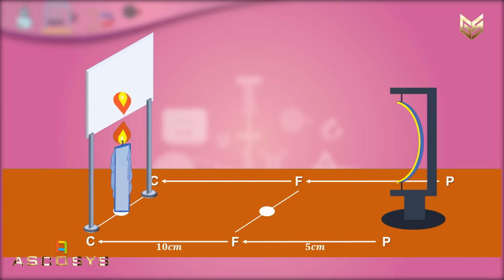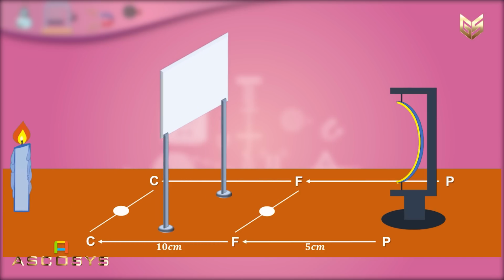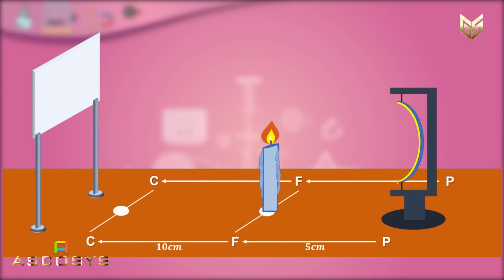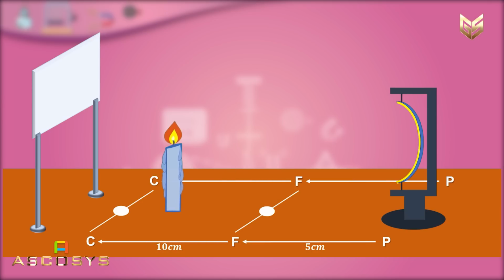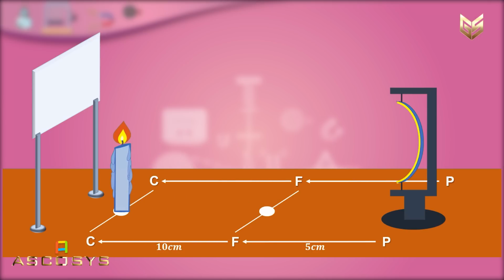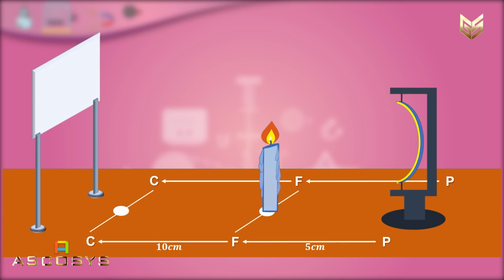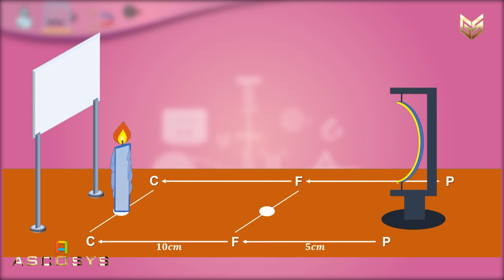So at different positions, suppose the focal length of the mirror is 5 centimeter, just as an example. So its center of curvature will be how much? 10 centimeter. Why don't you keep the candle at the center of curvature and try to see whether the image is formed at the center of curvature or not. You use the cardboard to see the image.